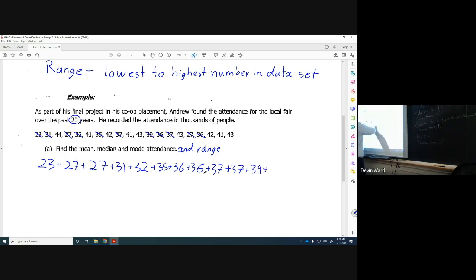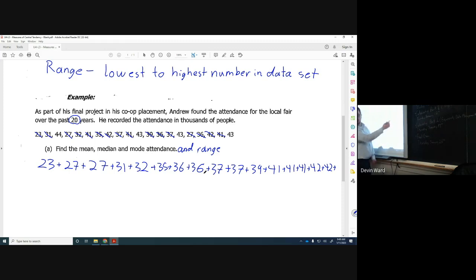And 2 41s. I think we have three. We have 1, 2, 3 41s. 41 plus 41 plus 41. I'm going to run another space. 2 42s. 3 43s.